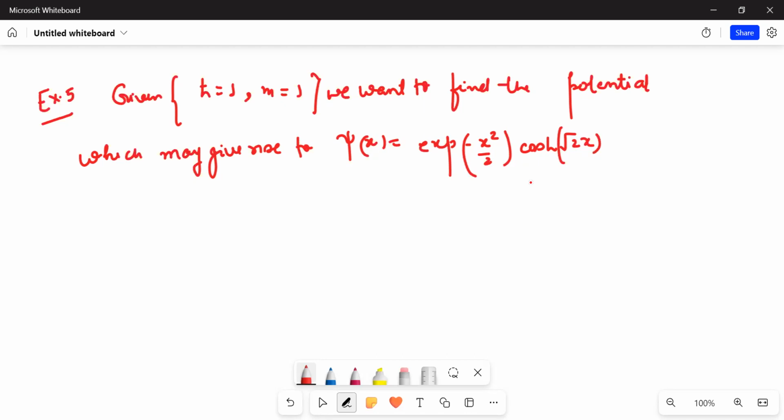So we want to find the form of the potential, and we are given the wave function.